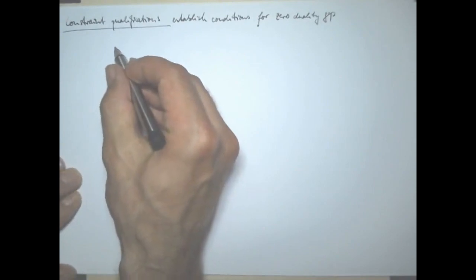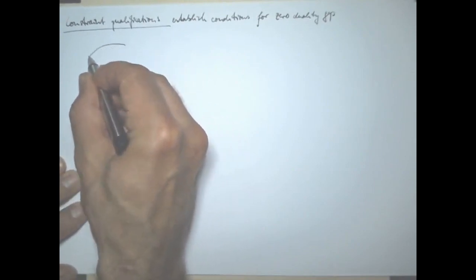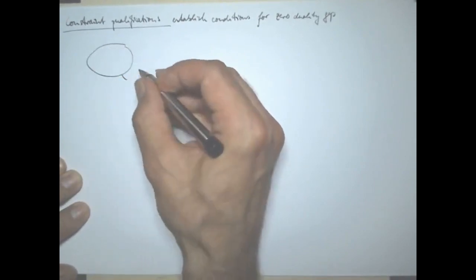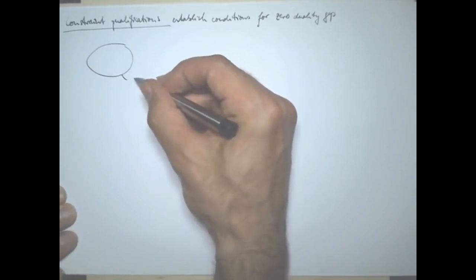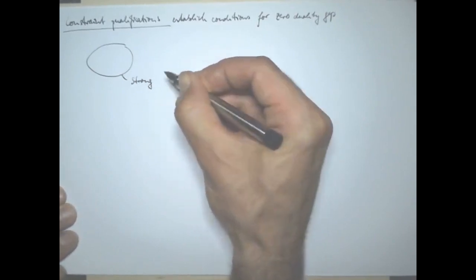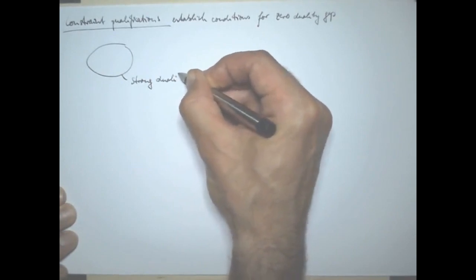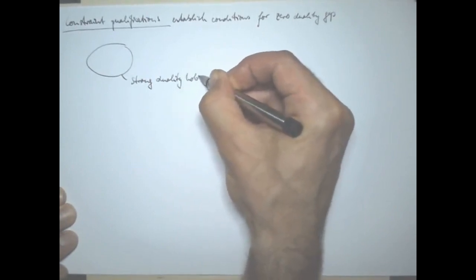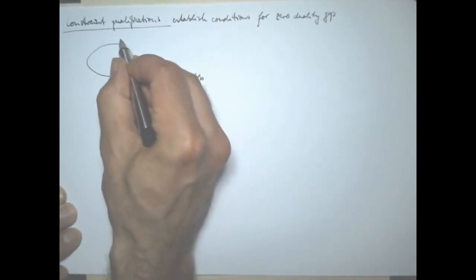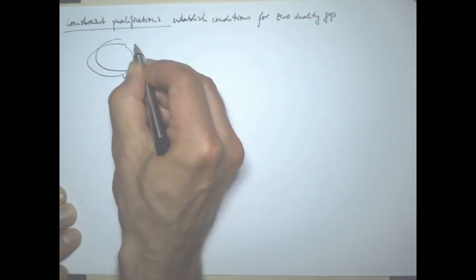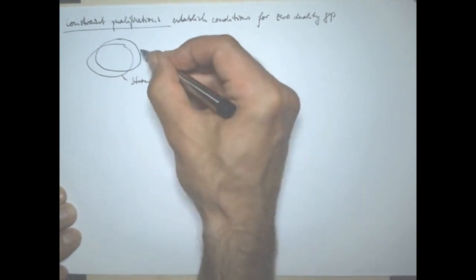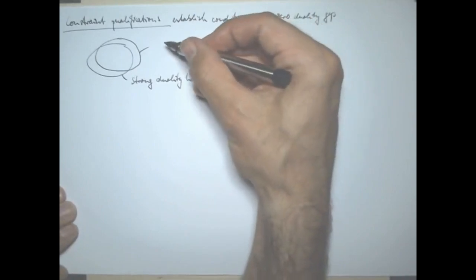And qualitatively, it looks like this. This is the set of problems for which strong duality holds. And that is the set, and this is now very qualitative, this is the set of convex problems.